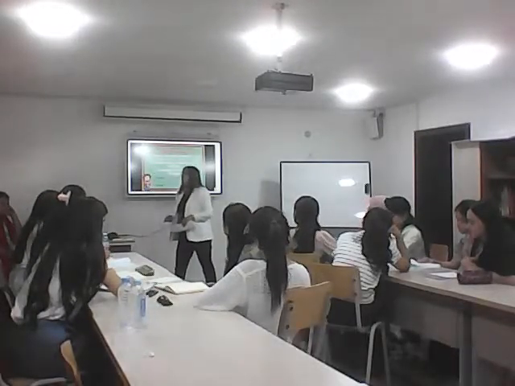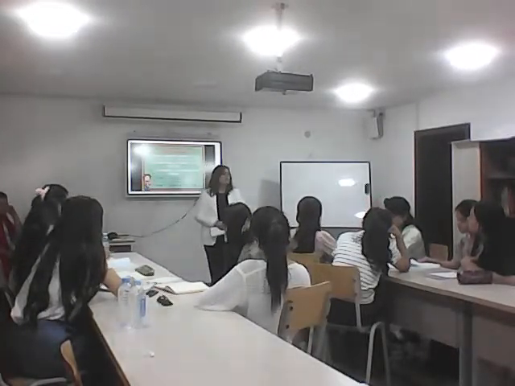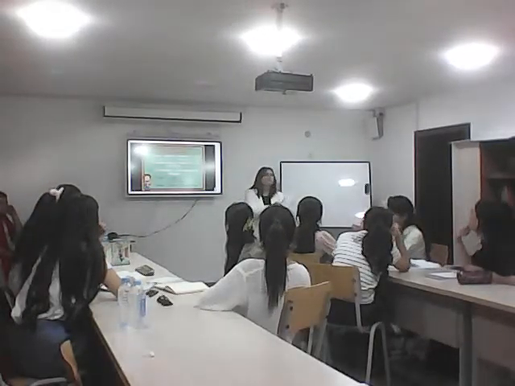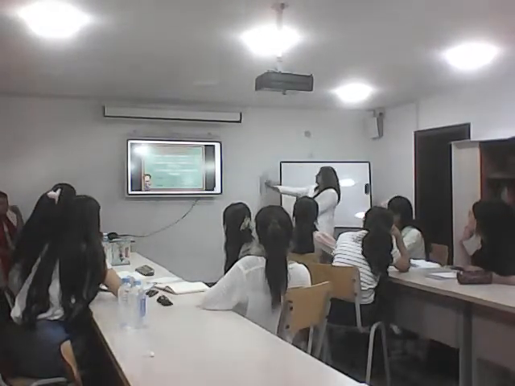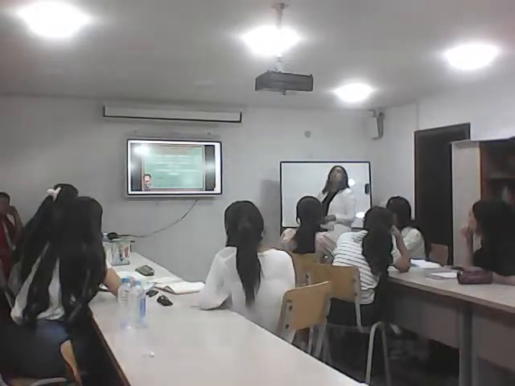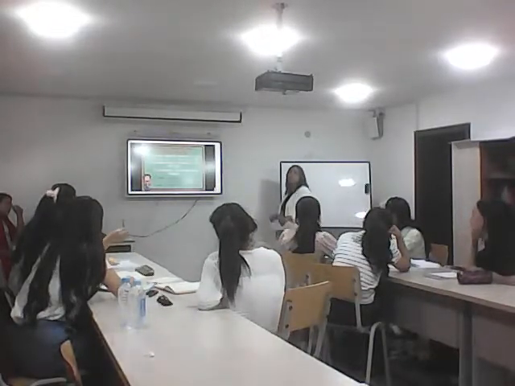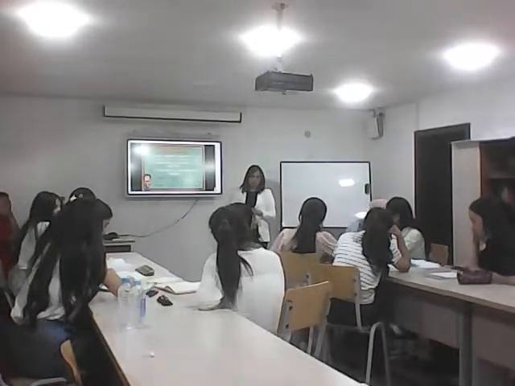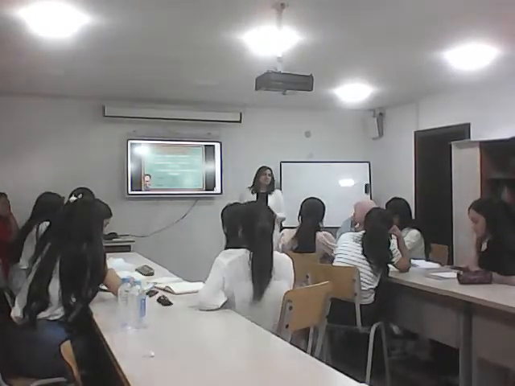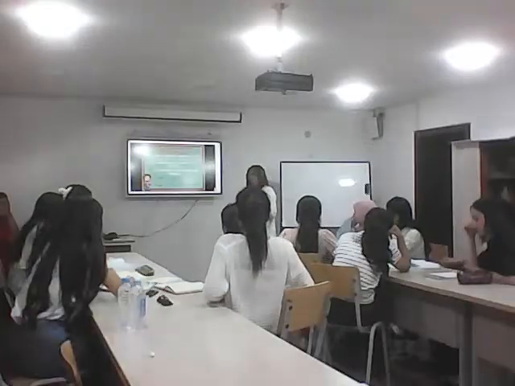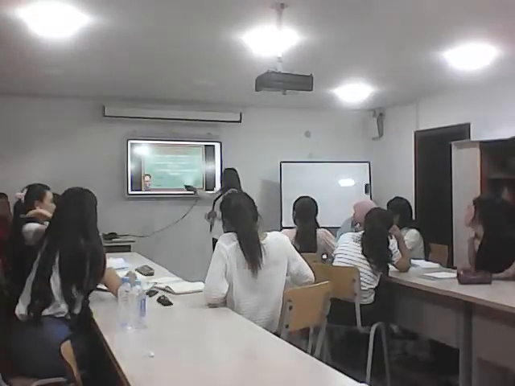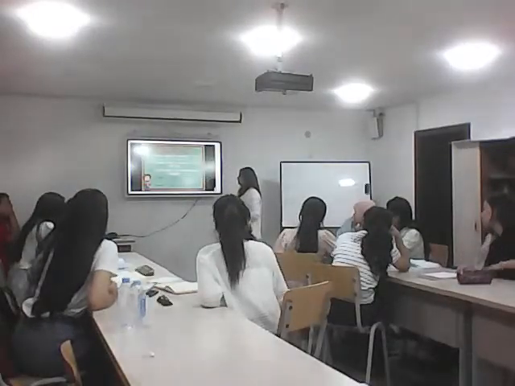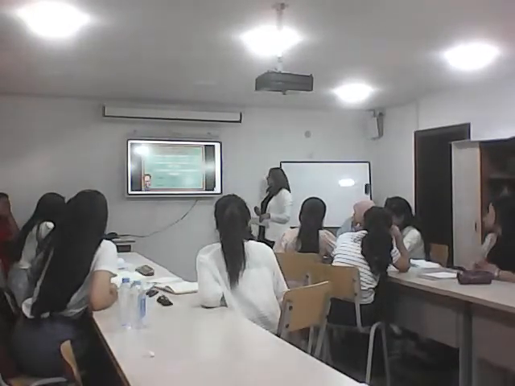Okay. Denotational meaning. What kind of meaning is it? Denotation is the exact meaning of the word, which you can find in the dictionary. We call it primary or objective meaning. The word we find in the dictionary refers to the actual thing or concept the word represents.